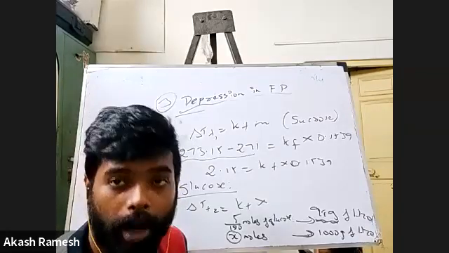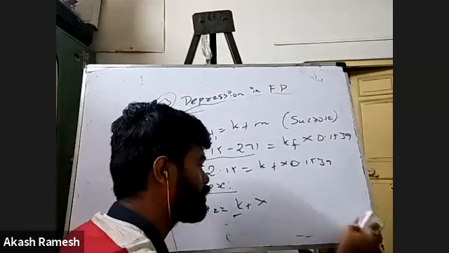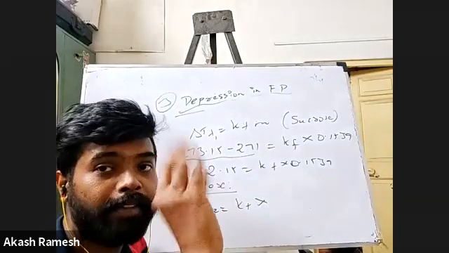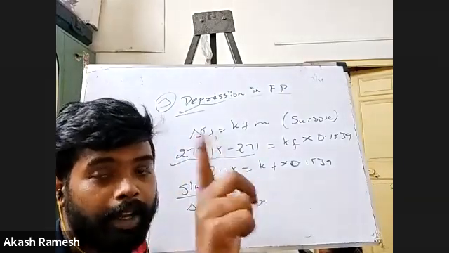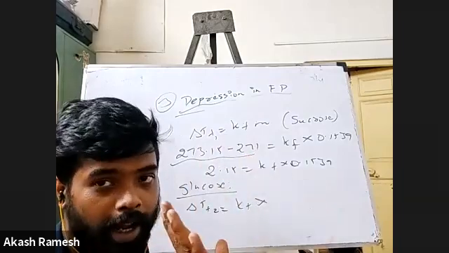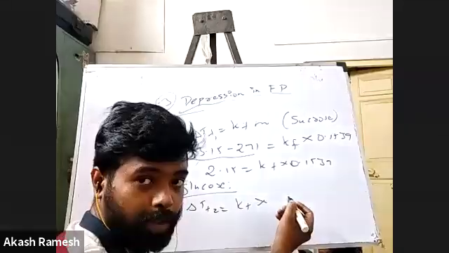Or if you're finding it very difficult, you chuck all this. One thing you understood is 5 grams of glucose in 95 grams of water. Done? Okay. So that is what is there in your hand. So molality, how do you find? Number of moles of glucose first, right?